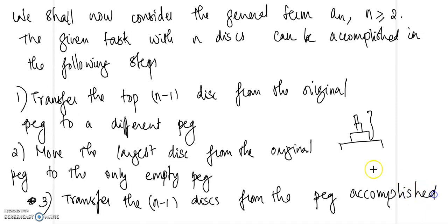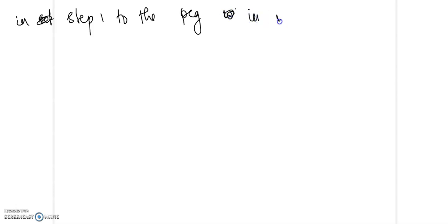The n-1 disks on the peg from step 1 are moved again to the peg in which the largest disk is currently placed.